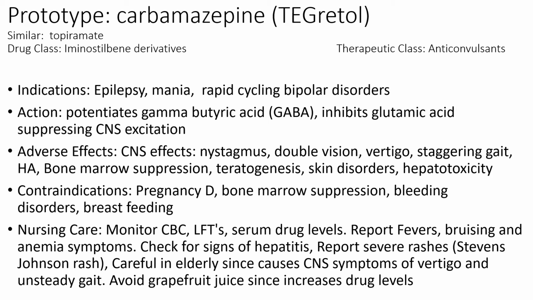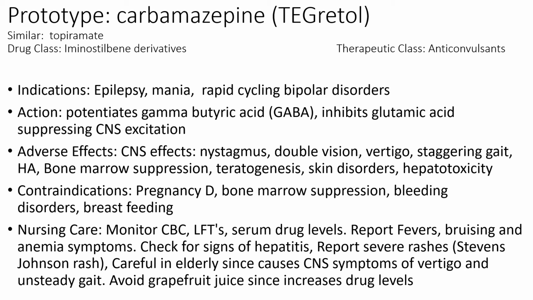Okay? Symptoms of hepatitis, yellowing of the skin, right upper quadrant pain, anorexic, meaning no appetite, need to be reported. Reporting severe rashes, because some of them can be that rare Stevens-Johnson syndrome. Okay?